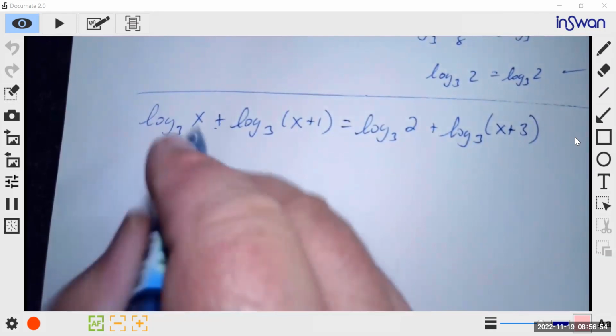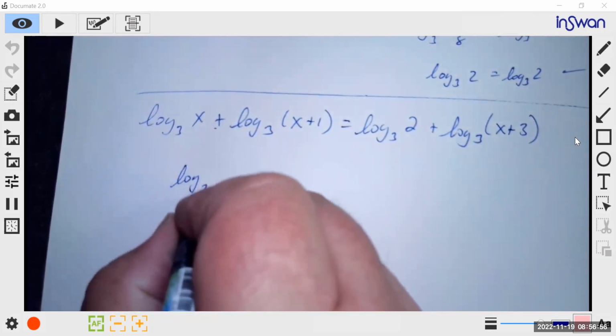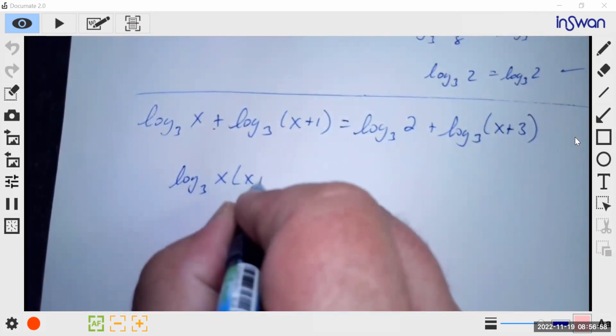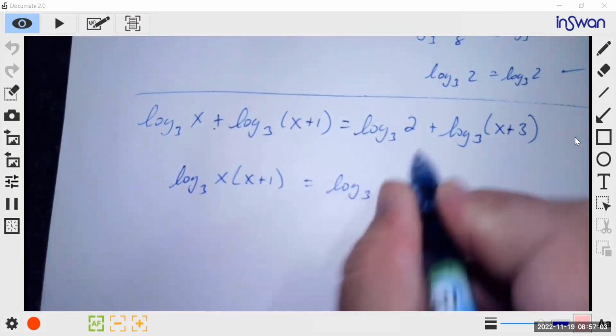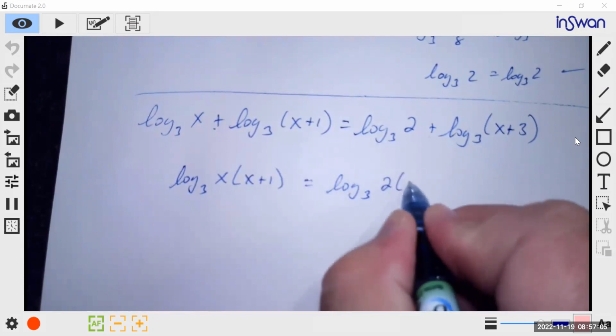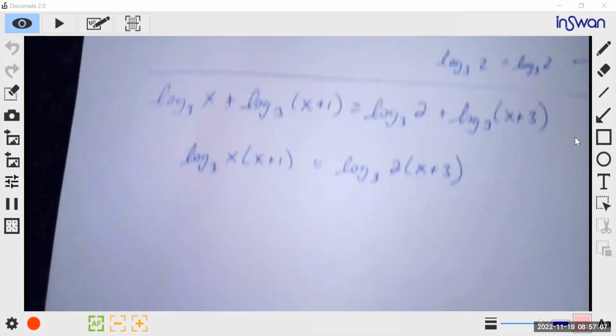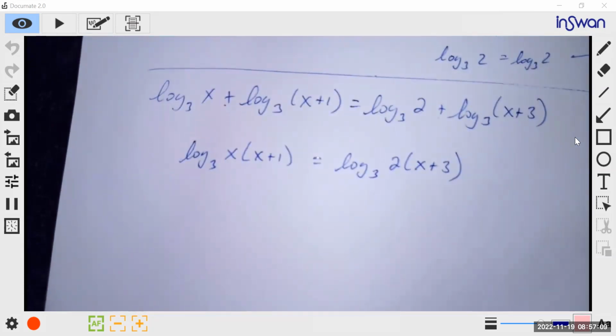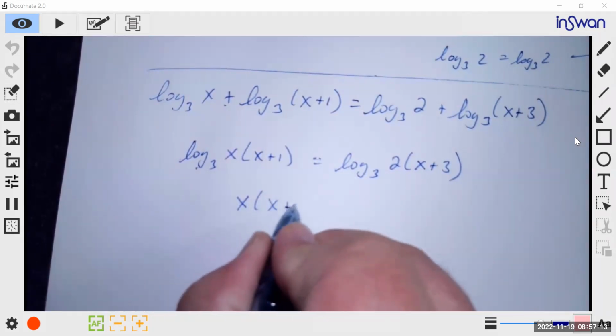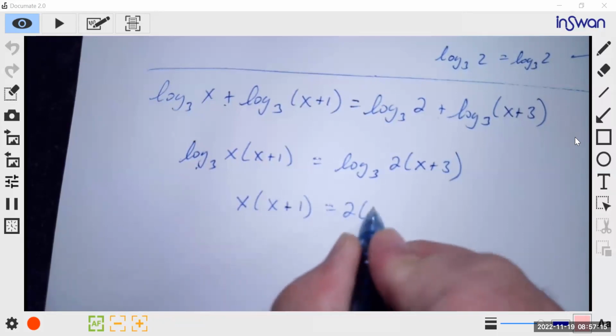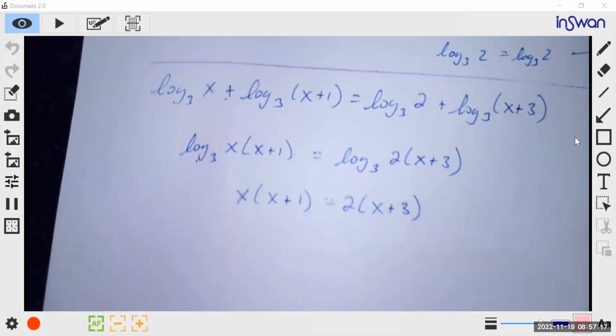So that's a plus, so that means I can combine the left side by multiplying these two. And since it's a plus, I could do the same thing on the other side. Since they both have log base 3, then I set the equation parts to be equal.